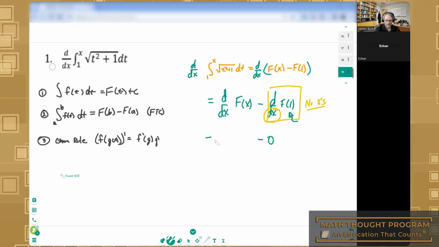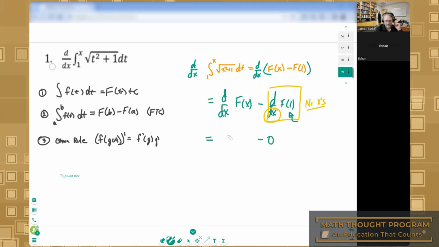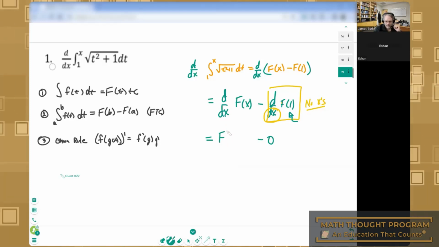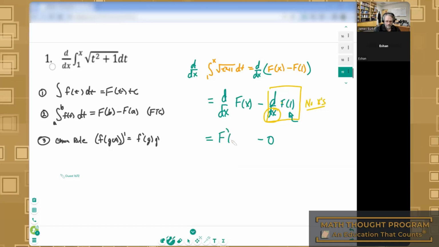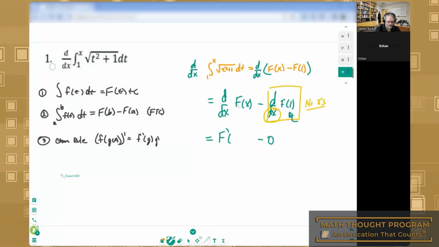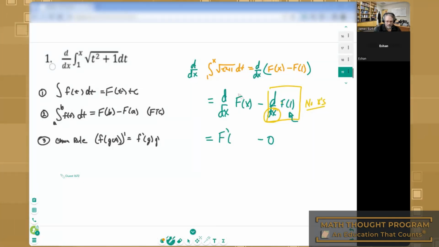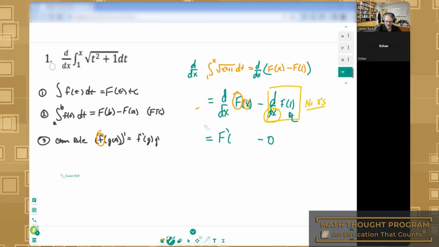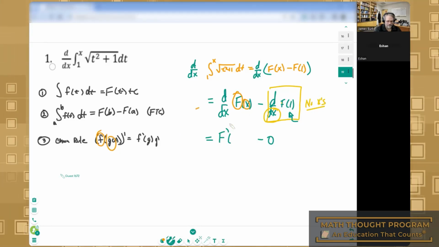Right here, we're going to have the derivative for f. And it is a composition. It's kind of hard to see, but here's my little f that I would have over here, and my little g is my x value.